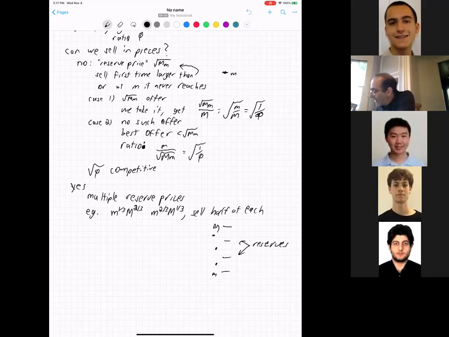So at least half of our stuff is sold within the cube root of phi of the optimum, because some reserve price is that close.